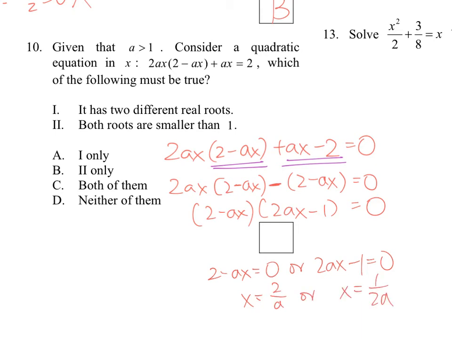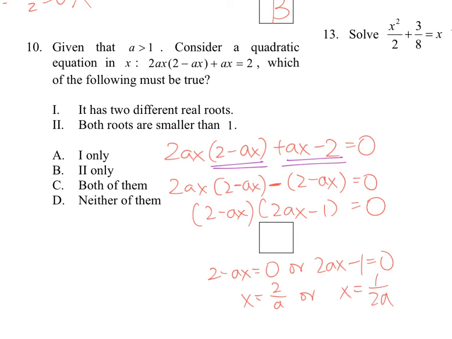Now here, realize that a has to be larger than 1. A can be 1.5. A, of course, can be 100. But if a is 1.1, 1.2, 1.9, this value will still be larger than 1. While for the right hand side here, this root must be smaller than 1.